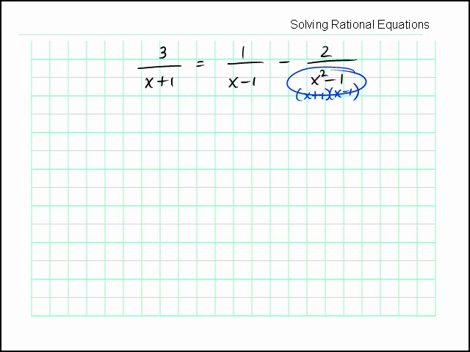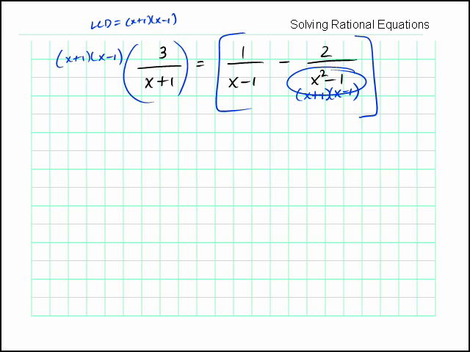And that is the LCD for the entire equation. LCD is x plus 1, x minus 1. So I'm going to multiply both sides of the equation by that. This side times x plus 1, x minus 1. And this entire side, x plus 1, x minus 1.